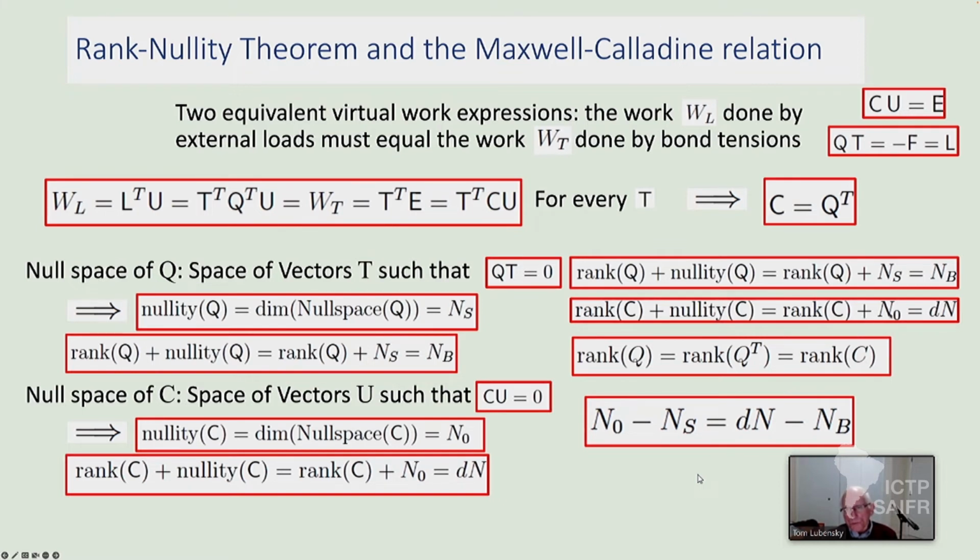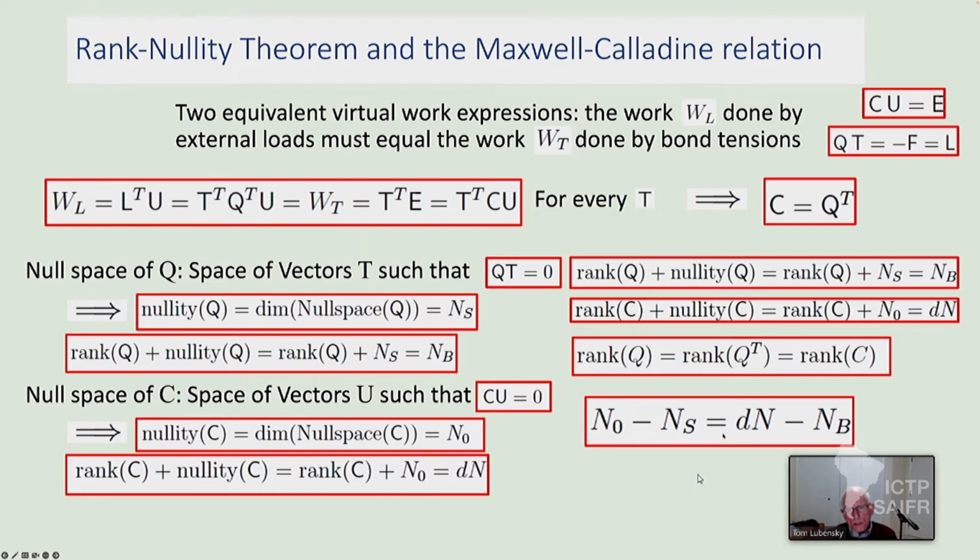We subtract NS plus rank from NB, and N0 plus rank from Dn, and we get N0 minus NS is Dn minus NB. So this is what we got looking at the pictures, and it's very important.